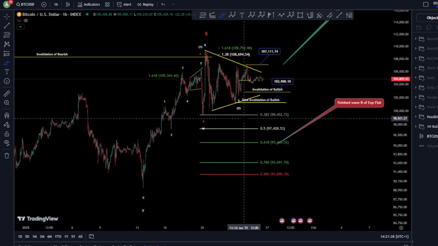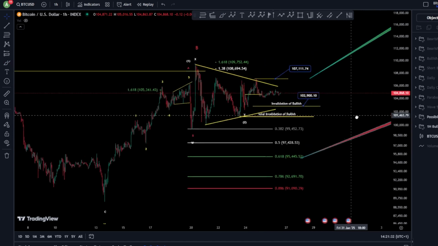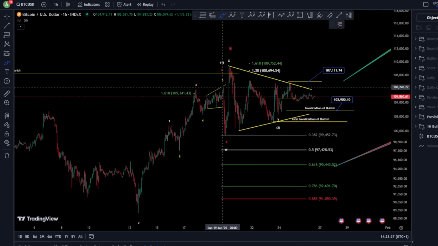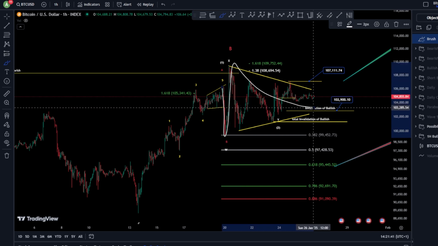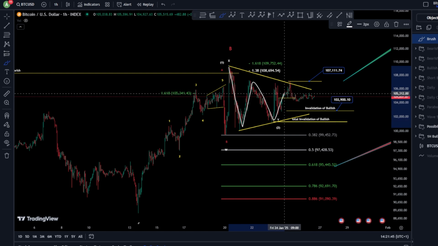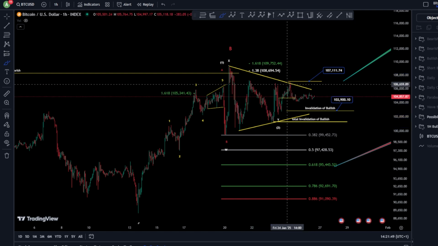Now, as I said yesterday, if this consolidation continues, we have to consider this an expanded triangle, meaning a WXY here, W, X, and a Y, where your wave Y is a very choppy triangle, A, B, C, D, and then one more wave E, probably getting into a zigzag.